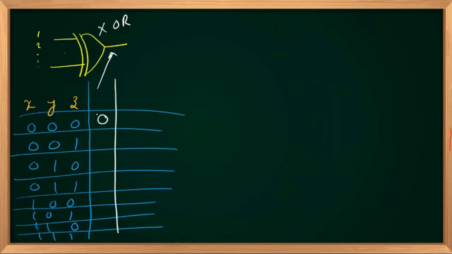Next is 0, 0, 1. Number of ones is equal to 1. 1 is an odd number, so output is 1.